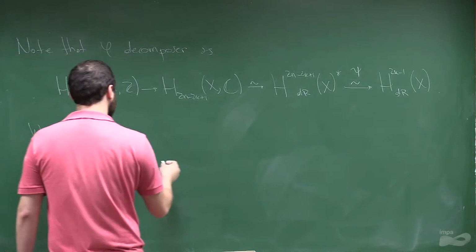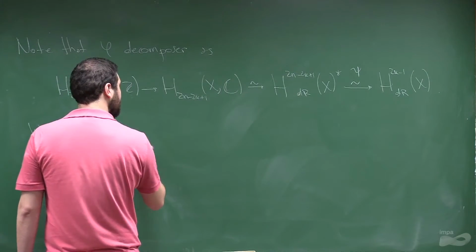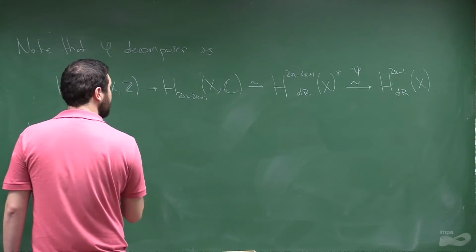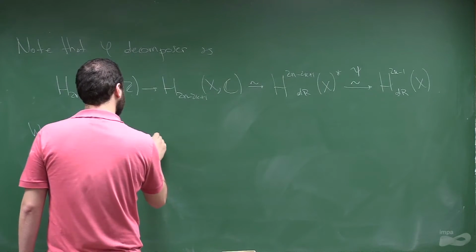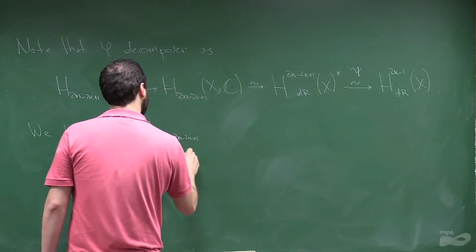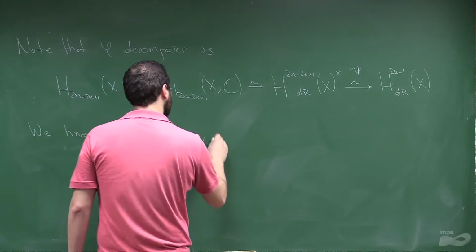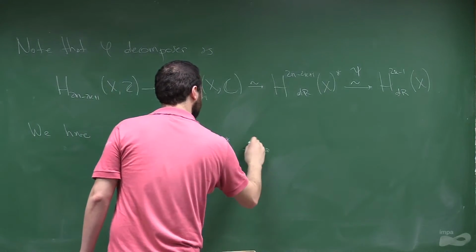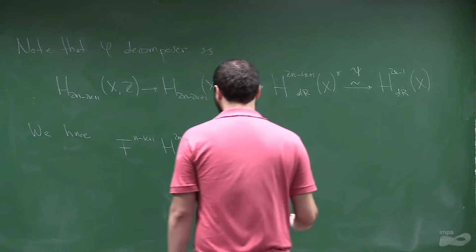So we have that psi sends the filtration of level n-k+1 of H^{2n-2k+1} de Rham of X dual. It goes to what?